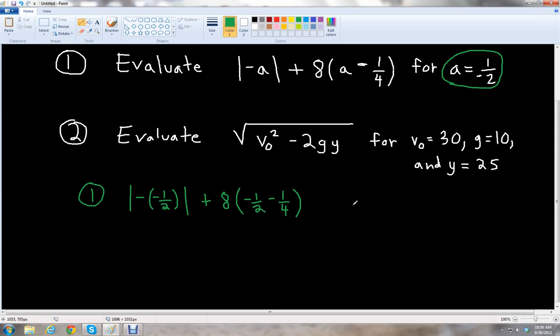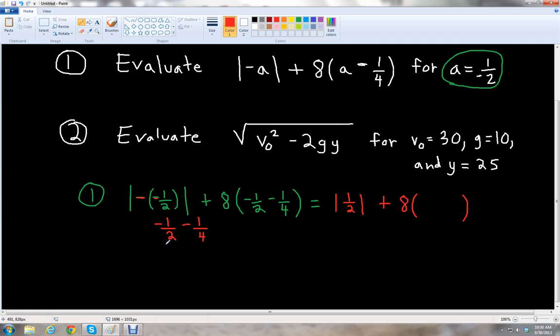So you're going to get a little bit of practice with your fractions here in this video. So that's going to give us, let's see, the opposite of negative 1/2 is positive 1/2. So we'll have the absolute value of 1/2 plus 8 times negative 1/2 minus 1/4. In order to subtract these fractions, we need a common denominator.